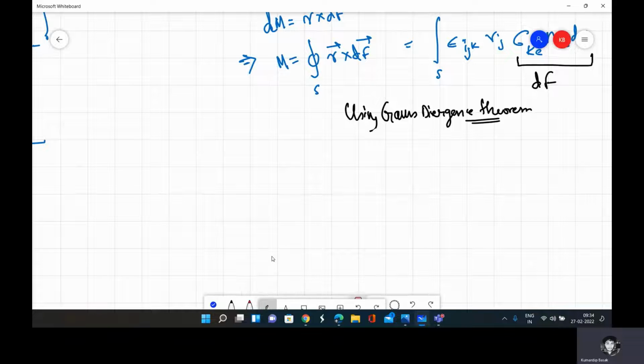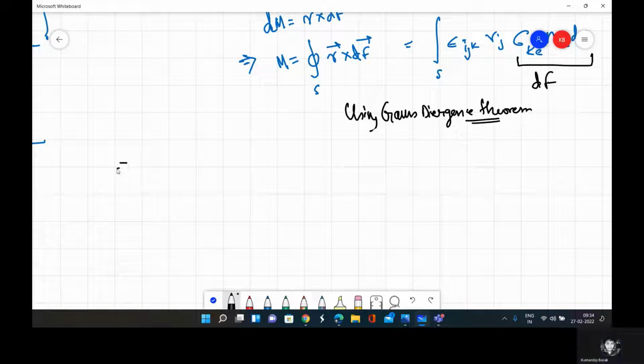From this expression, we will get an integral again over the volume, epsilon ijk. The divergence gives me what? The divergence of this quantity.